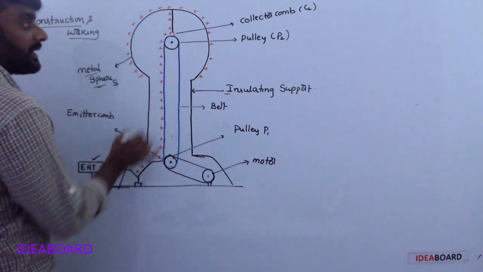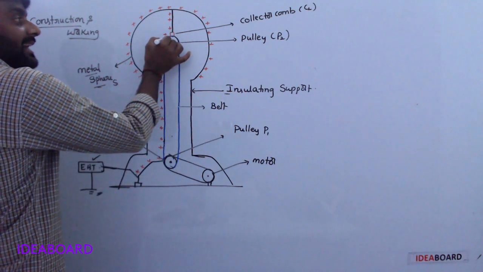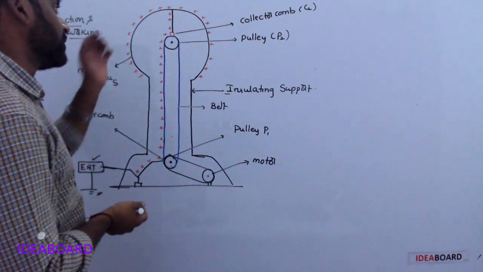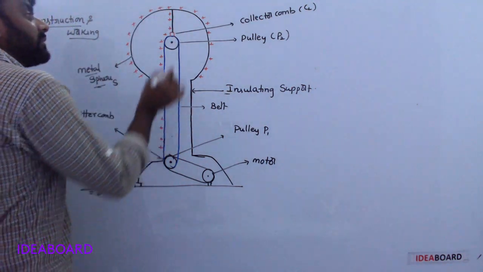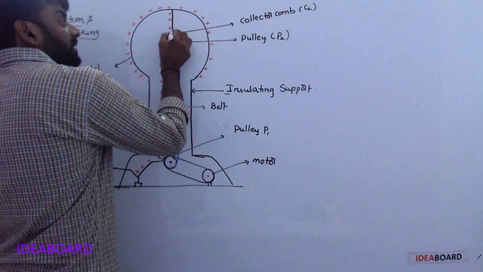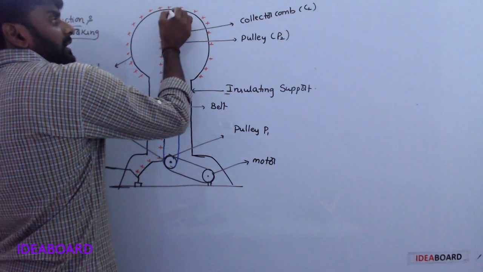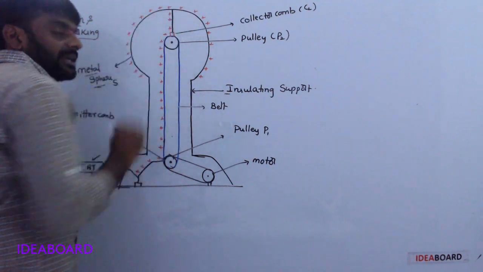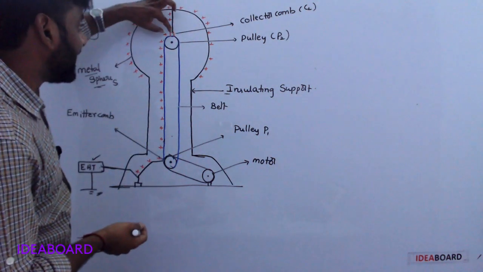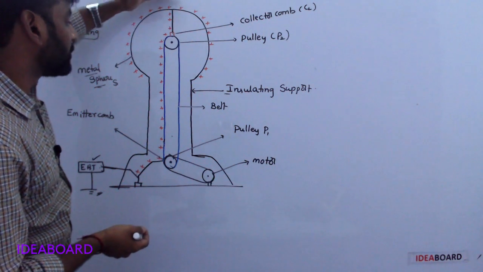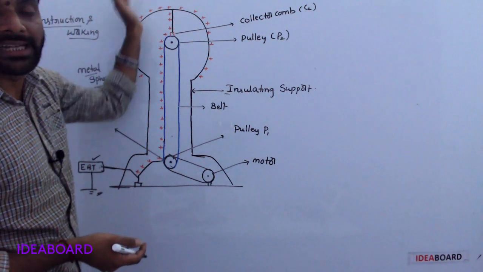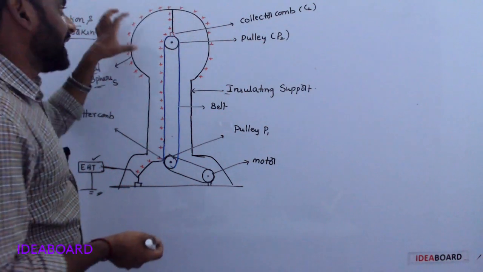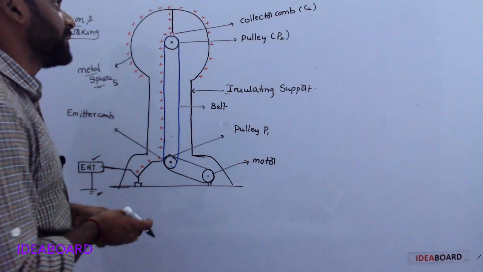This charge is received by the collector comb. The collector comb is connected to the metal sphere with the help of a wire. That means the charge is completely transferred to the outer sphere. Are you understood?